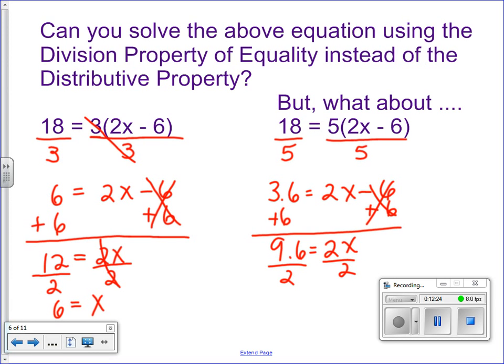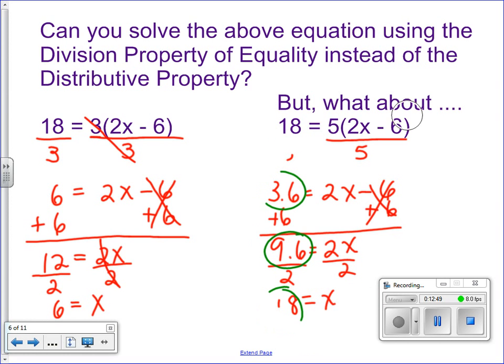And this gets to be a little bit more complicated. I'd have 4.8 is equal to x. And you'll see, here I am, using this process, I am dealing with a decimal throughout all of my computation. And it can sometimes be not as easy to work with decimals and fractions in a problem like this.